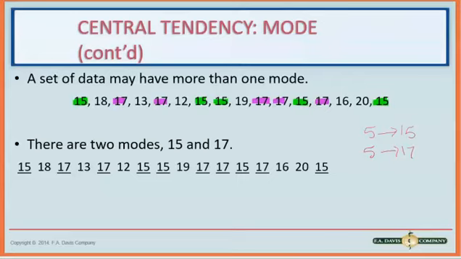In this case, where we have 2 numbers that have the same number of repeats, we're going to have 2 modes. One is not repeating more than the other, so we're going to have 2 modes of 15 and 17.